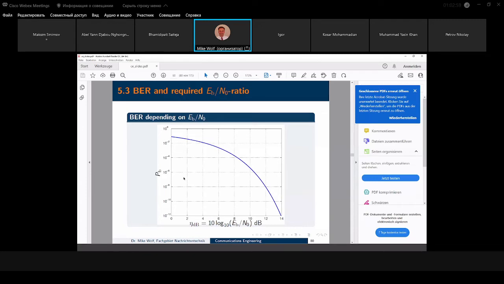You can see, for instance, for a bit error probability of 10^-12, I would require a ratio of about 14 dB. If I'm only interested in a bit error probability of 10^-3, then it's less than 7 dB. It's a huge difference. 6 dB is a factor of 4, so it's more than a factor of 4.